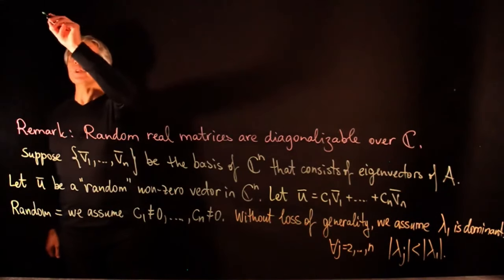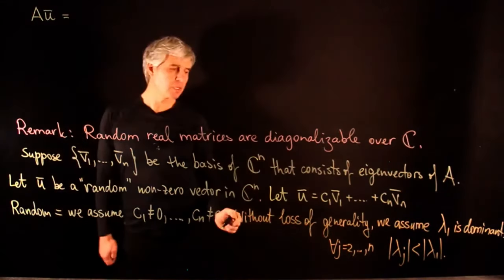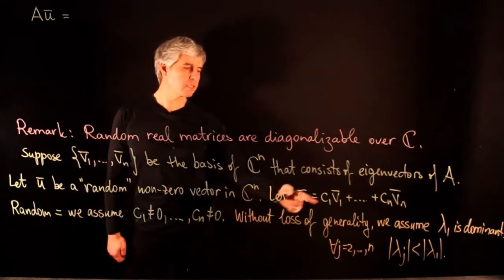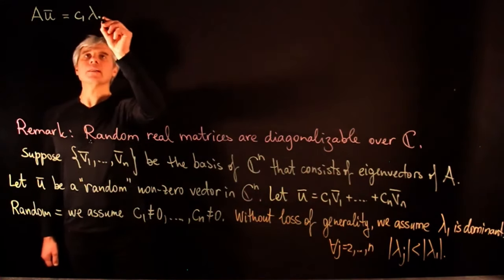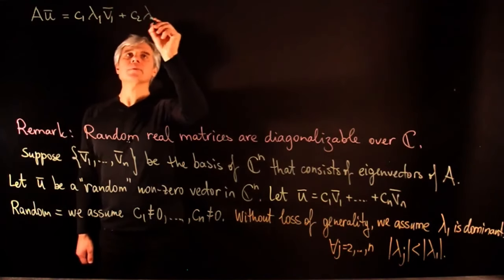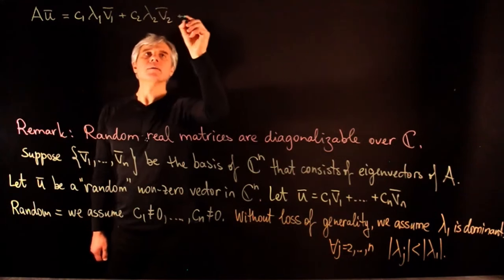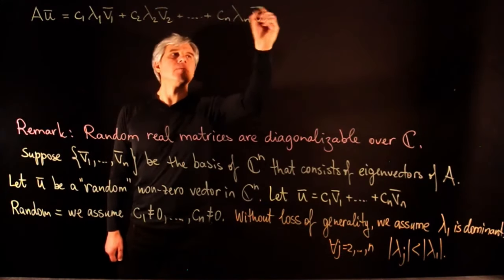Now, let us apply matrix A to this random vector u. Since we wrote u as this linear combination, the result will be C1 lambda 1 V1 plus C2 lambda 2 V2 plus ... plus Cn lambda n Vn.